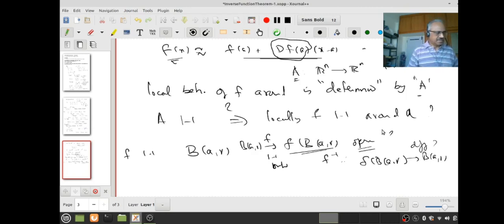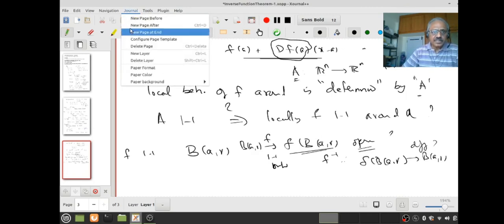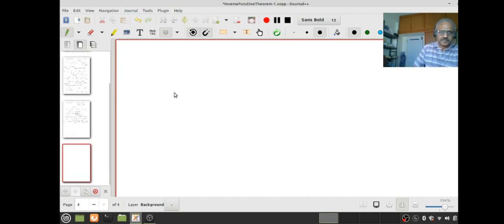Let me just see whether I want to say anything more. These are subtle points I wanted to mention, so let us do that. So what does the inverse function theorem say? Now let's try to make a precise statement.